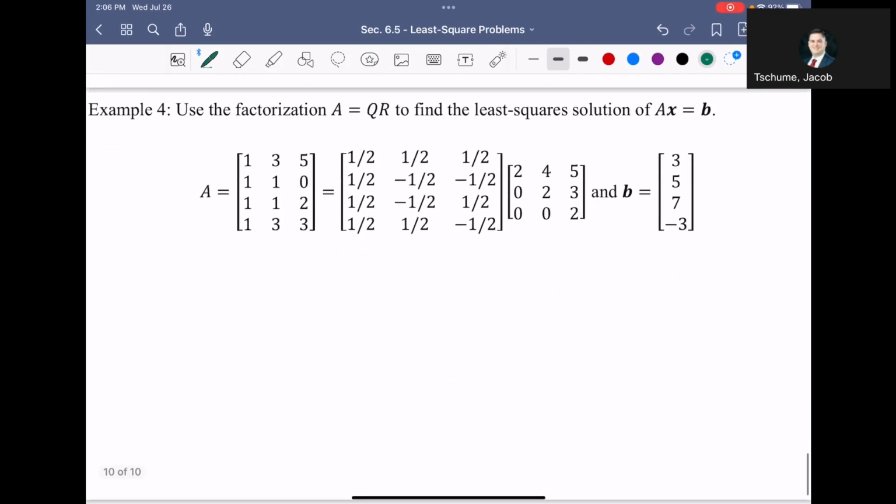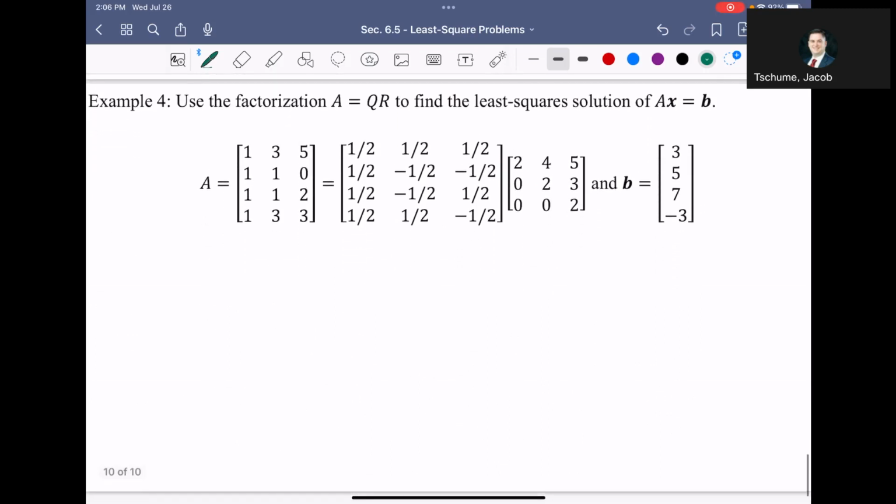So here's my example for you. Now, I am never going to make you do the QR factorization and then do the least squares, at least not right now on your problems at the end here, because that's so many spots you can mess up at that that's not what I'm trying to test you on. So I would probably give you a separate problem to show me you can do QR factorization. And then I would do something like this, where I give you the QR factorization and your job is to find a least squares solution.